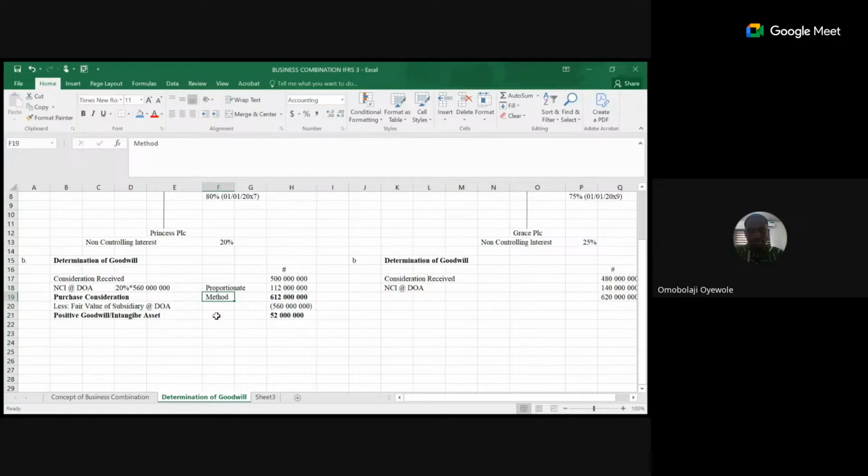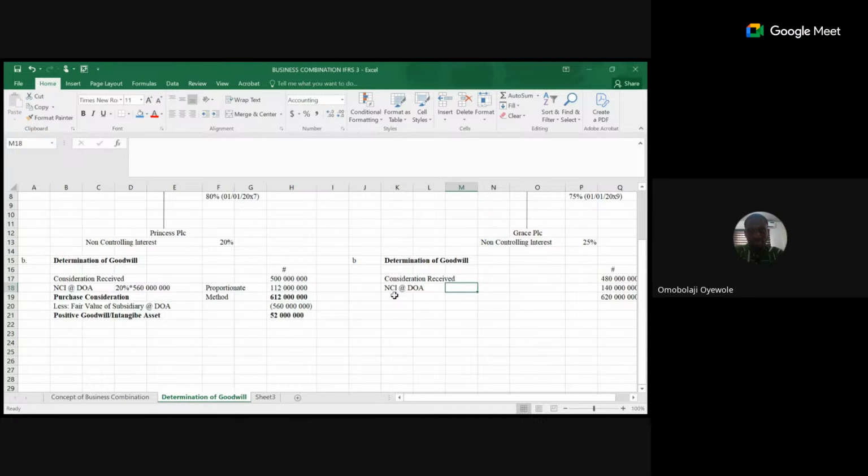If it is the proportionate method that the question says we should use, then you multiply the percentage of NCI by the fair value of the subsidiary, which is what we did. But if it is the fair value method, like I said, there are two ways: either the question gives you the fair value of the NCI, or it gives you how to calculate it.